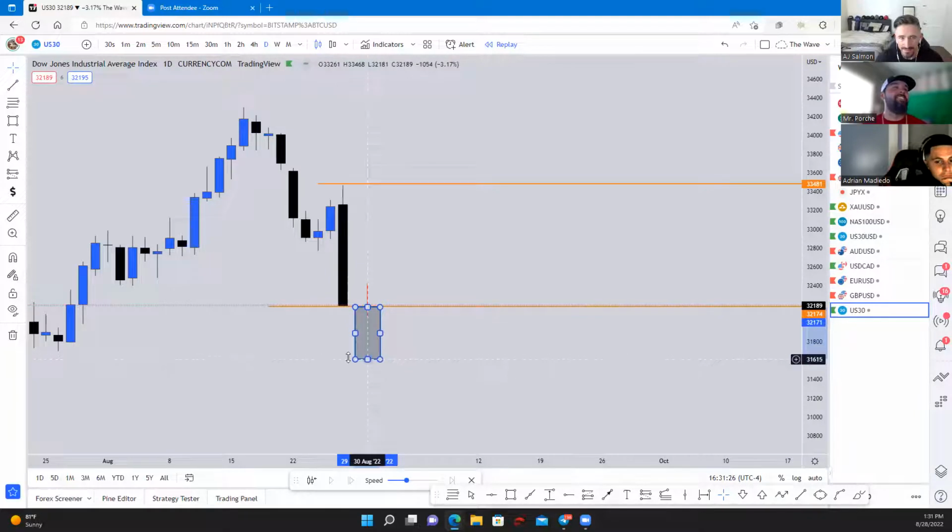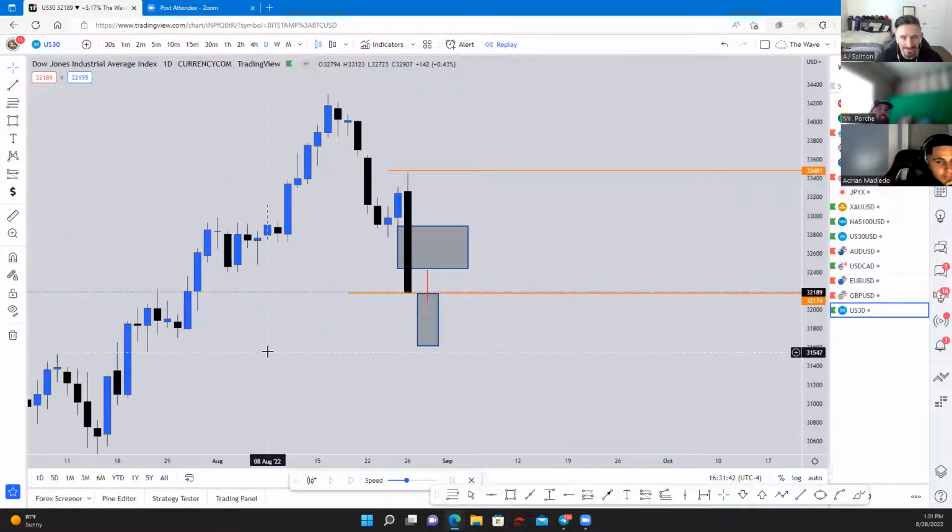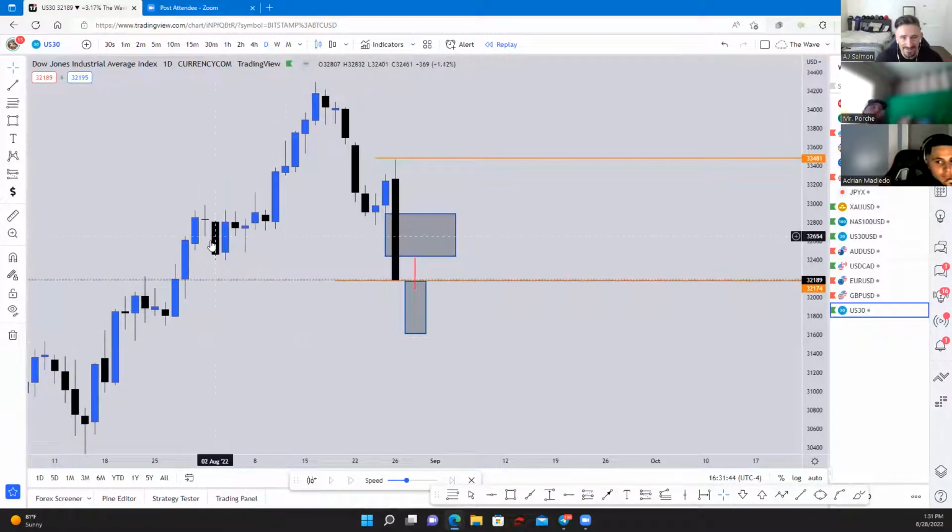And then what's that do? Creates a gap there, and then price can come in here and then continue down. No, I think it's going to keep melting, melting, melting. This week is going to be perfect. This is just the start.